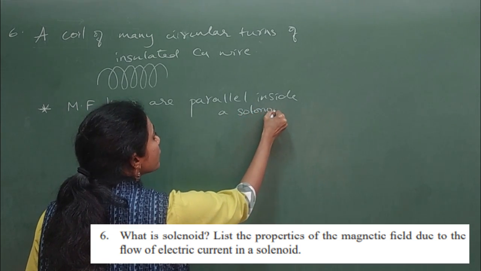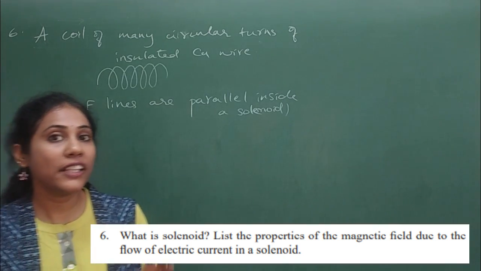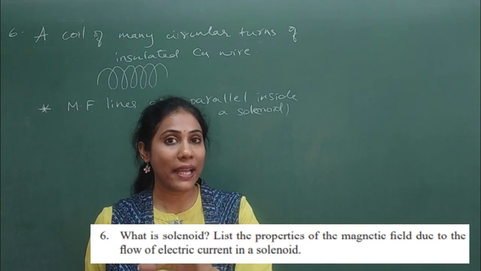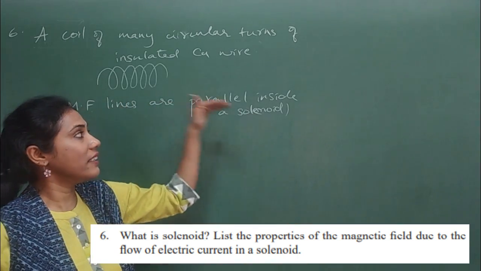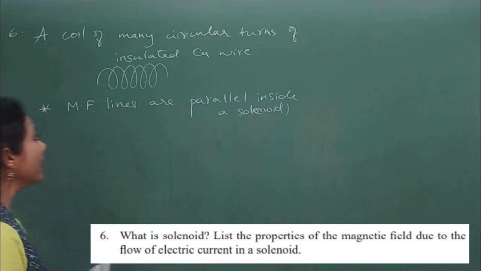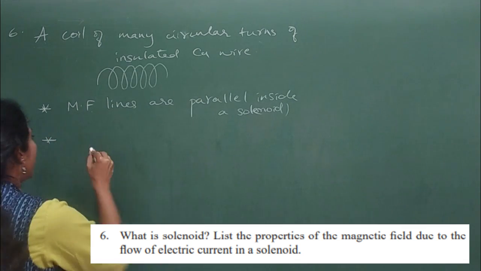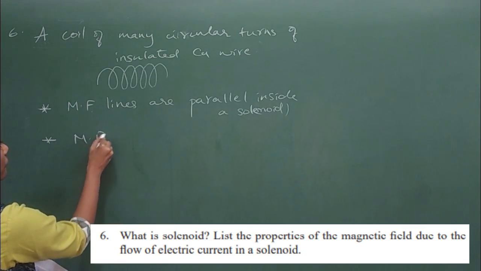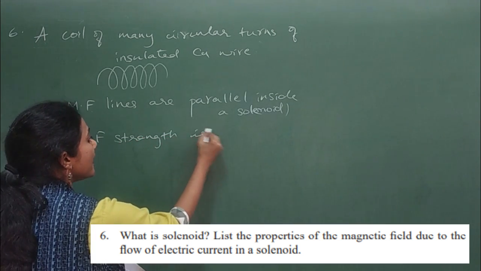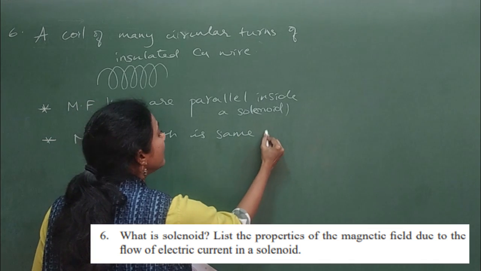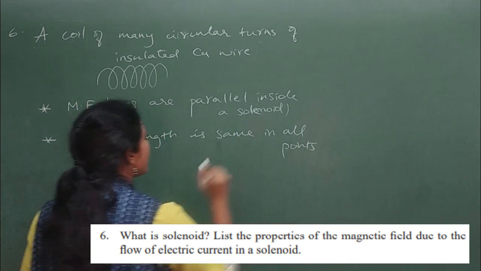So usually solenoid acts as a bar magnet. So solenoid will behave as a bar magnet. So inside a solenoid, magnetic field lines run parallel. They travel in a straight line, right? And magnetic field strength is the same in all points inside a solenoid. This is one thing you can write.